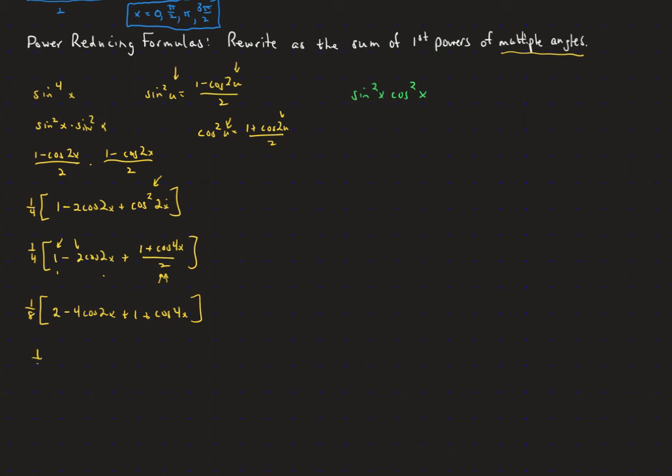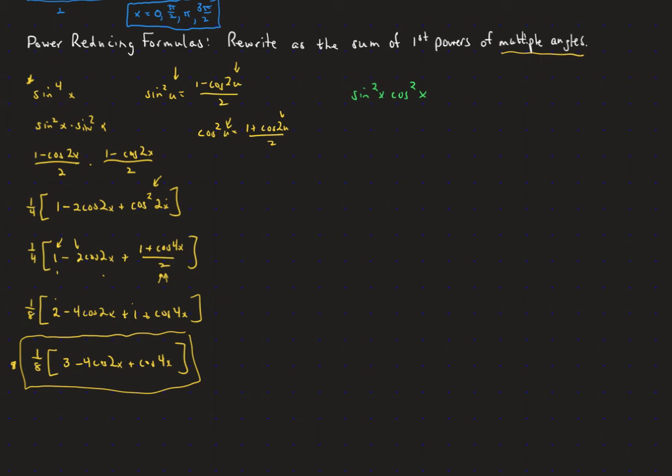Now a final minor cleanup. The 2 and the 1 will combine to be 3 minus 4 cosine 2x plus cosine 4x. I know that looks a lot worse than where we started, but to a calculus student, this is actually much, much easier to work with. But you're going to have to wait a while to really appreciate it.